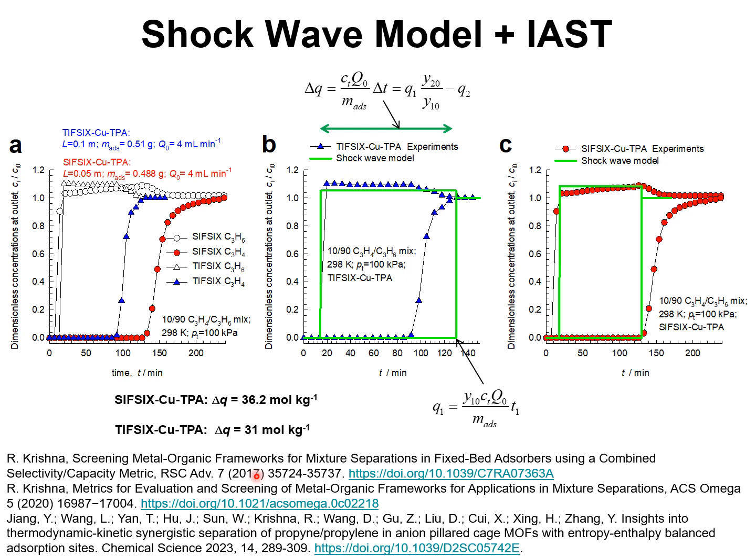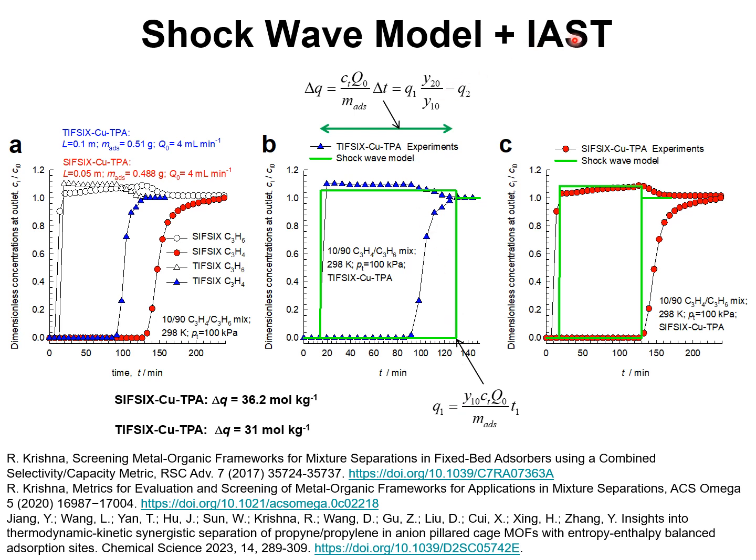Readers may consult my papers for the derivation of the shockwave model. The shockwave model is shown here for the experiments with TIF6 copper TPA and for the experiments with CIF6 copper TPA. The salient features of the model are as follows.